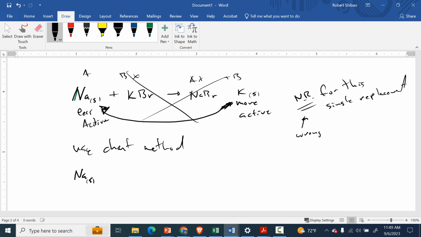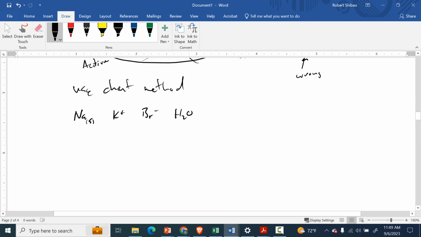And so we have sodium solid, potassium ions, bromide ions, and water. You might have known that the alkali metals react violently with water. And there are a lot of videos on this.